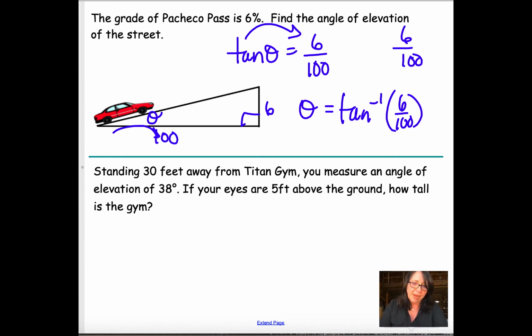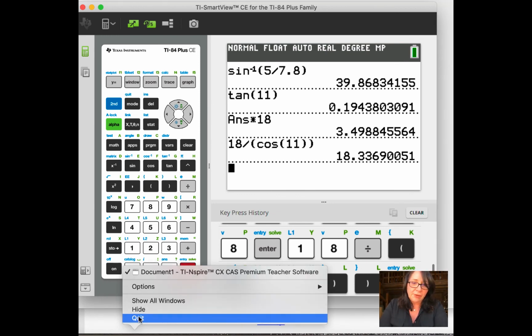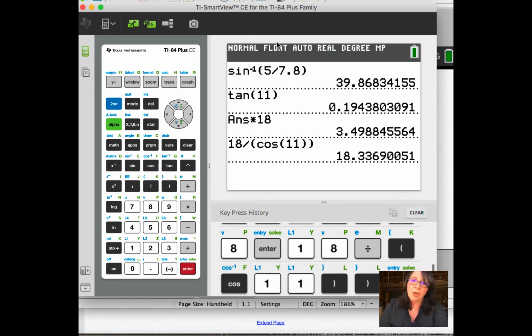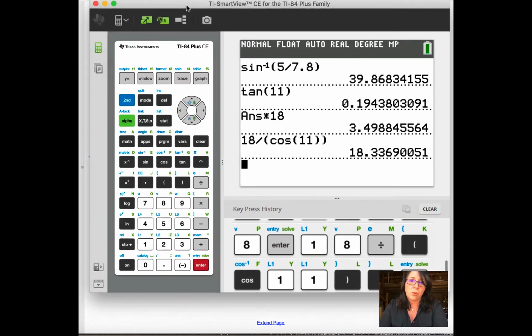And I'm going to use my calculator. Let's see, I have 2 calculators now. I want to use arctangent of 6 over 100.